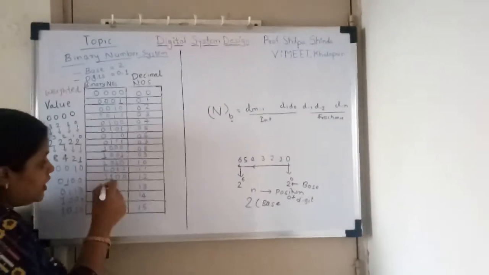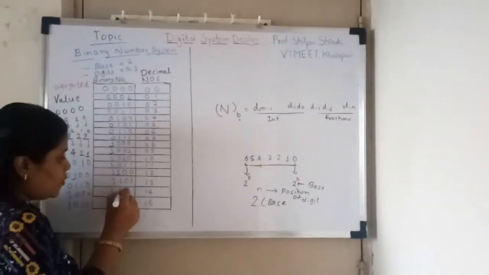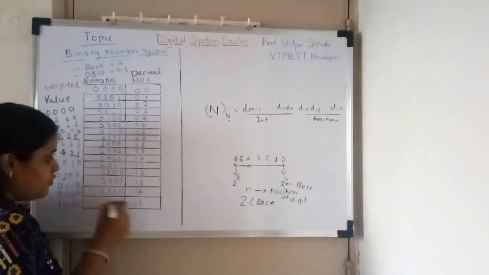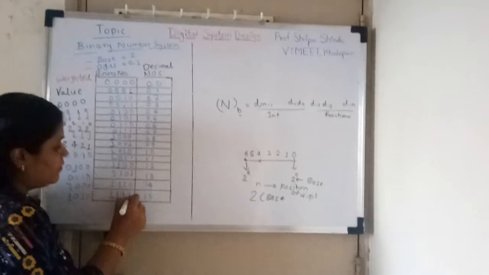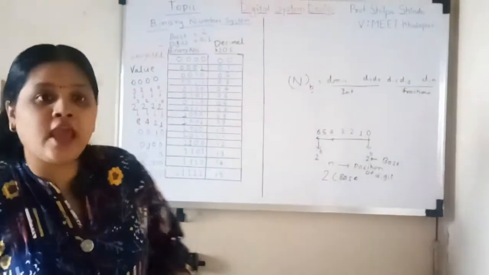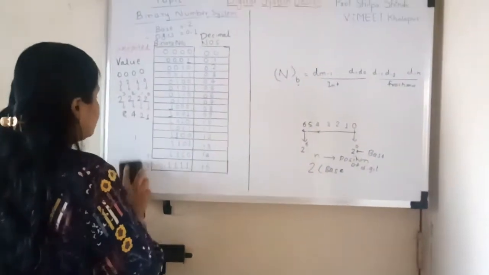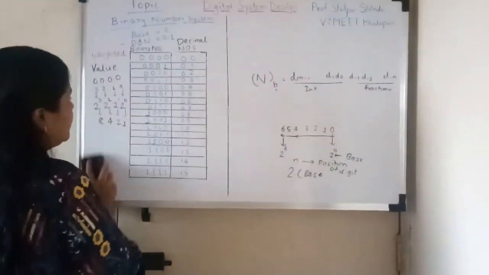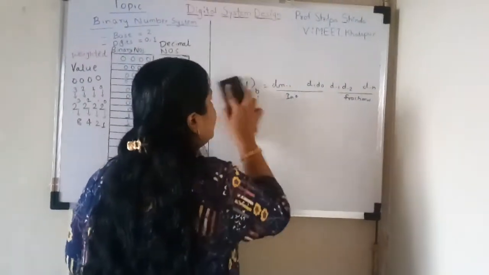For 13, 1 1 0 1. For 14, 1 1 1 0. And for the last, 15, the value is 1 1 1 1. In this way we have calculated the values. This table is very important, so everyone has to remember the table.